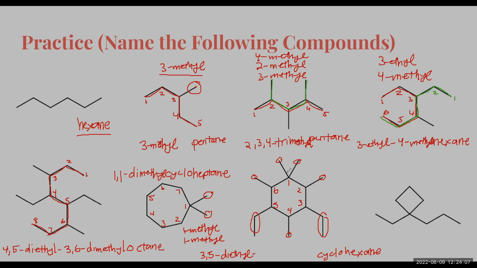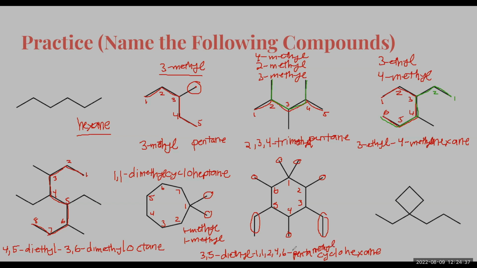Next, we have a methyl group hanging off on the 1 again, the 2, the 4, and the 6. So I can indicate all those methyls as 1, 1, 2, 4, and then 6, pentamethyl.